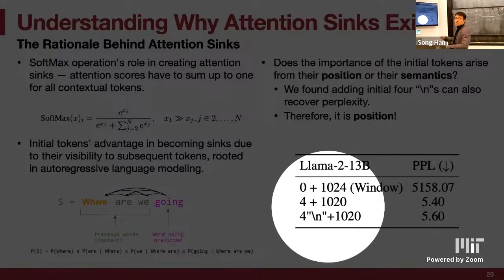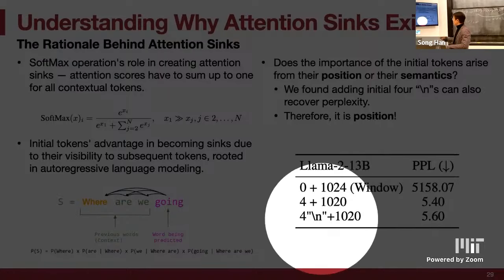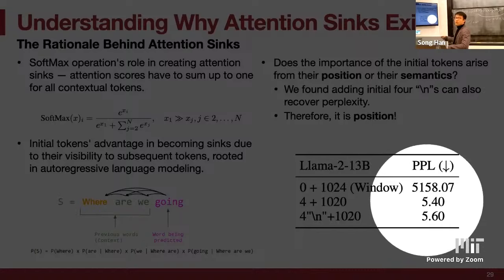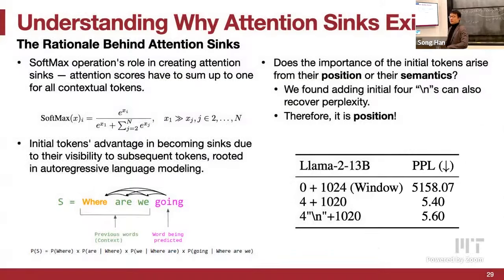But if you insert 4 line breaks, which have no semantic meaning, plus a window of 1020, the perplexity still remains pretty low. Okay, so we find that adding the initial 4 line breaks, the \n tokens, can also recover the perplexity, which is super interesting, and shows it is the position that matters, not the semantics.